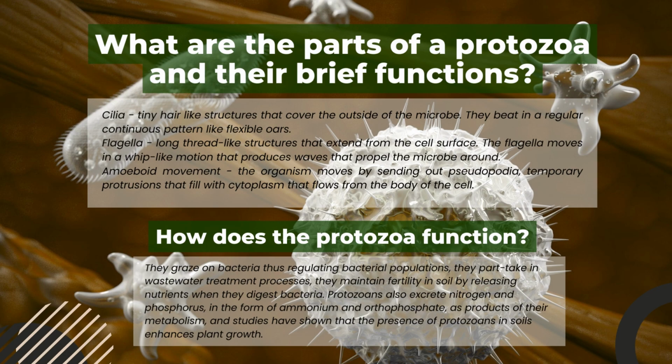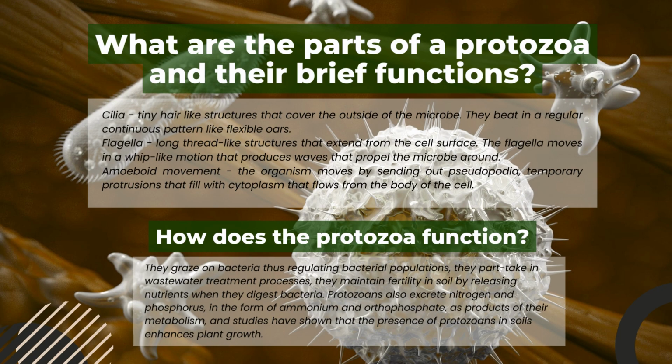The protozoan cell carries out all the processes, including feeding, growth, reproduction, excretion, and movement, necessary to sustain and propagate life. Protozoa play important roles in environmental food web dynamics. They graze on bacteria, thus regulating bacterial populations. They take part in wastewater treatment processes.